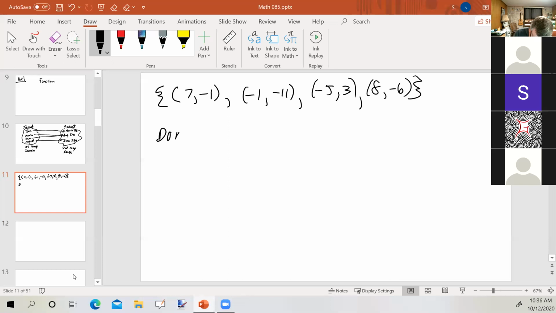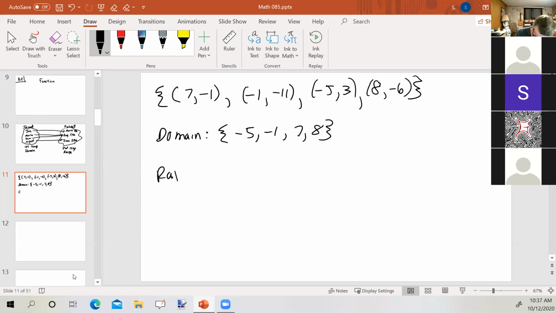What is the domain of this relation? Well, it would be the inputs or the x values. And I'm going to put them in increasing order. So the domain would be -5, -1, 7, and 8.